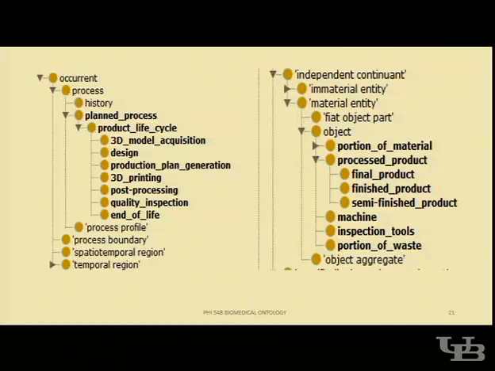And for the material, I classify in a few areas, which is the portion of material separated from the processed product, where we have a final product, finished product, and semi-finished product, machine use, tools, and also the portion of waste.